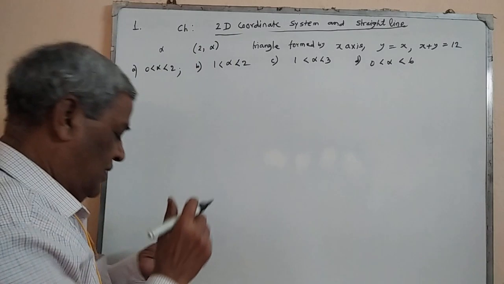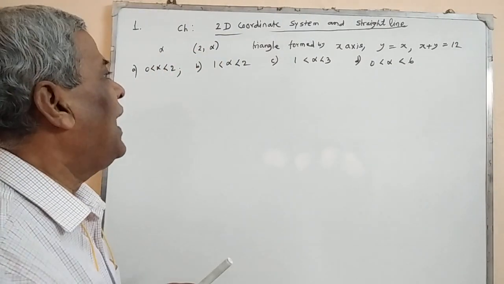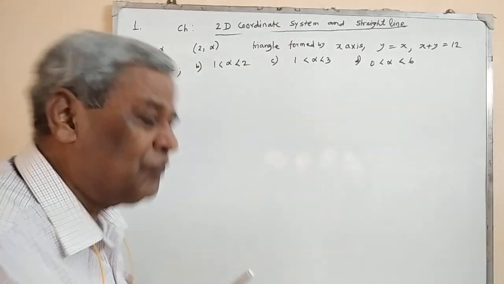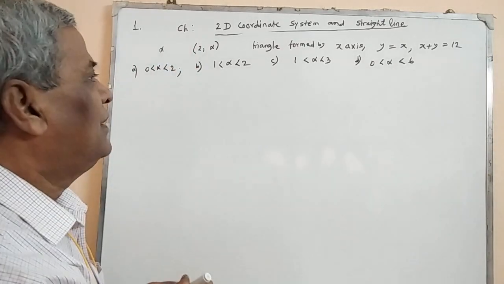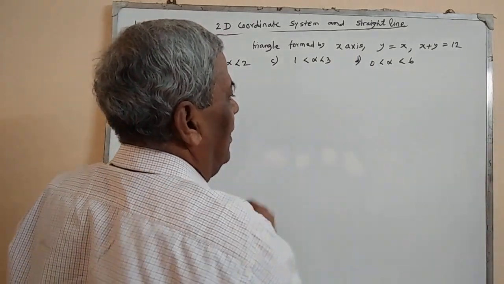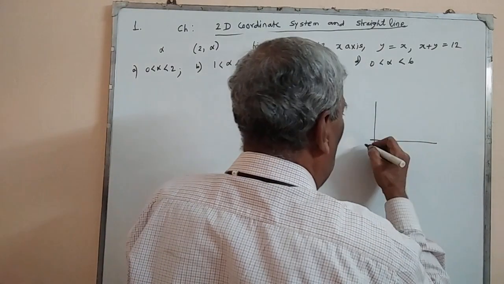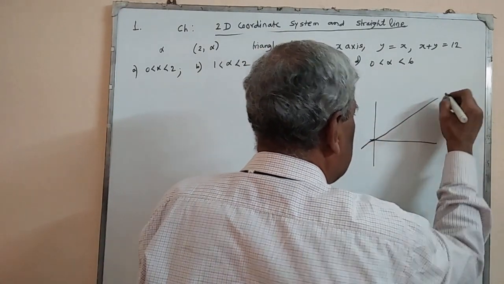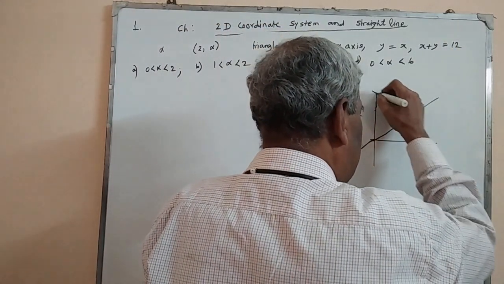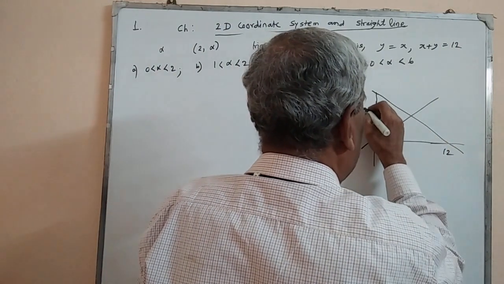So the problem is: one point is given, of which the x coordinate is fixed at 2 and the y coordinate is alpha, and we have to find the range of alpha. Alpha is variable, so this point must lie within the triangle between the x-axis, y is equal to x, which is this straight line, and x plus y is equal to 12. This is 12, this is 12.